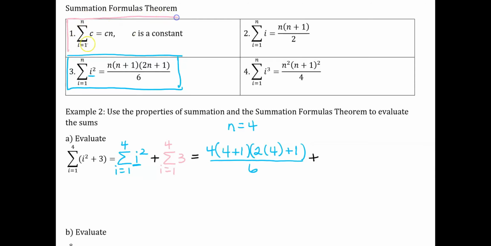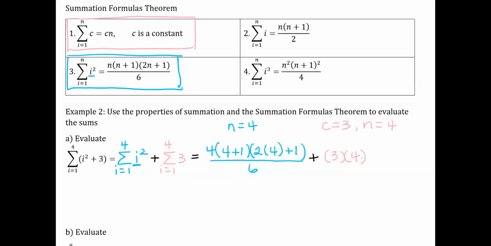Applying this formula, I'll make a note here that our c is equal to 3, and our n is still equal to 4. n is coming from the upper bound of the sigma, and our upper bound is 4. So this sum would just be 3 times 4. That says to add 3 and to do it 4 times. So that is just 3 times 4.